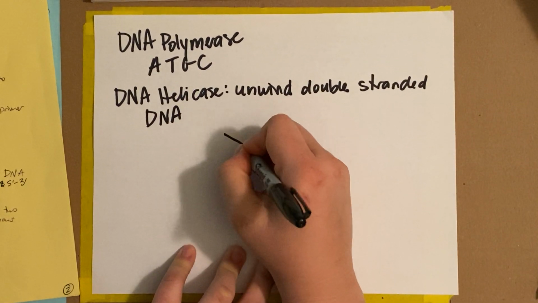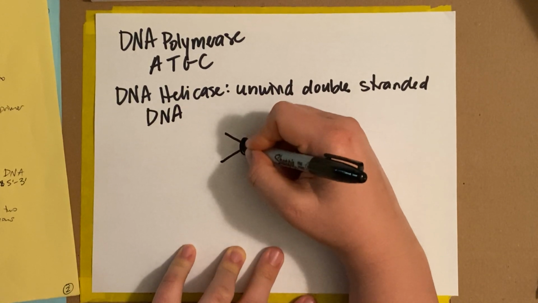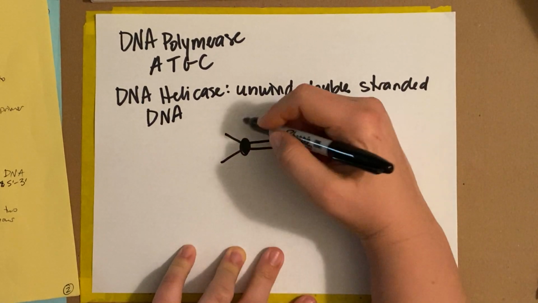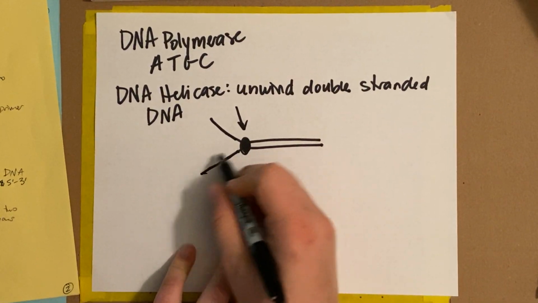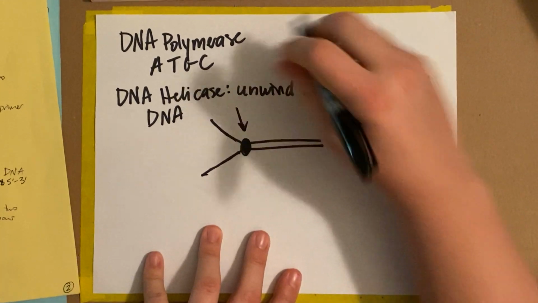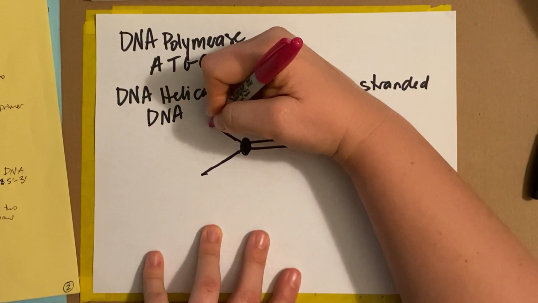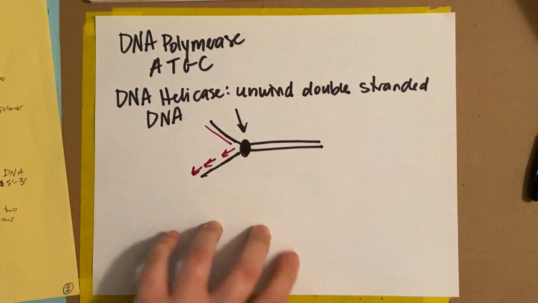Okay, so when we have the two DNA strands, there's going to be an enzyme like helicase, and the enzyme like helicase is basically making it so that your DNA is no longer touching each other, okay? So that you can come in and start making the new DNA.